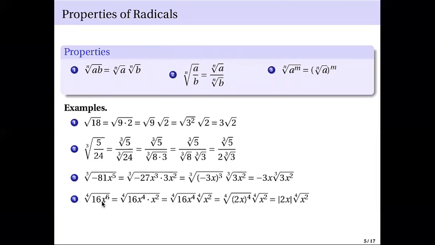But x can take negative numbers also, which means we have to make this positive because we are following the remark: if the expression inside the radical symbol is positive, the b must also be positive.